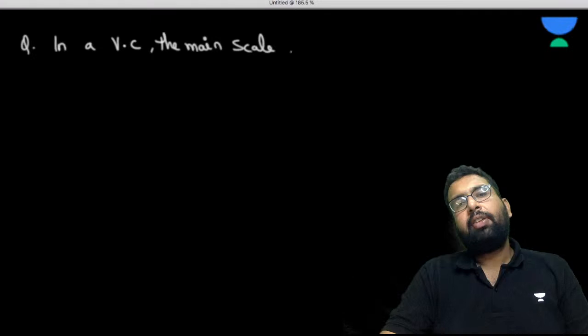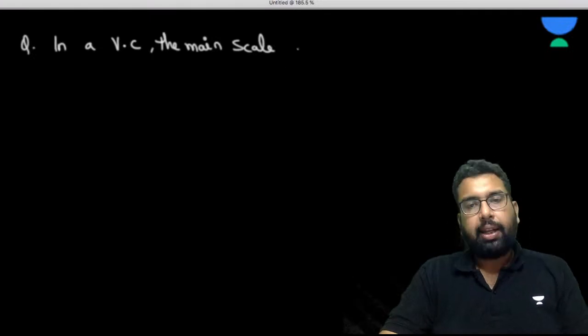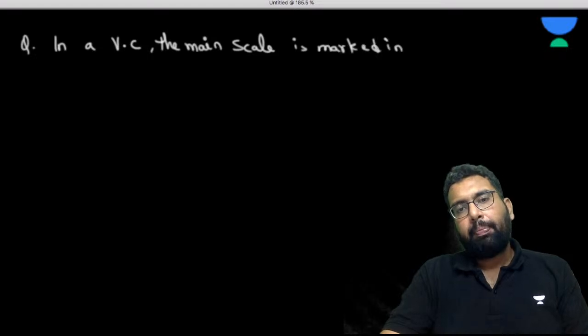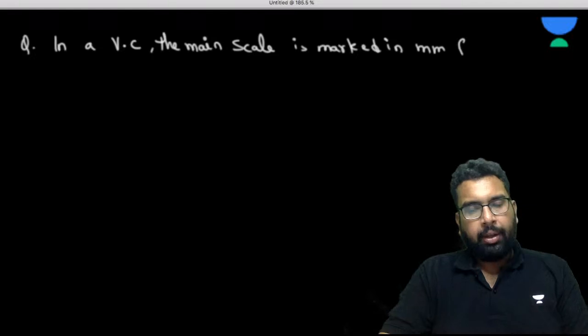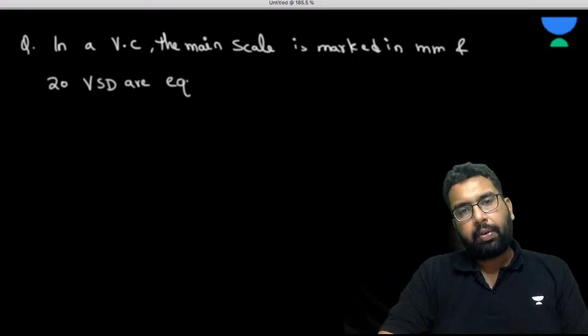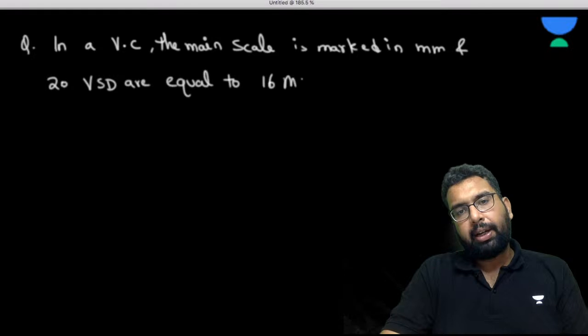So it says in a vernier caliper, the main scale is marked in mm, and 20 vernier scale divisions are equal to 16 main scale divisions.